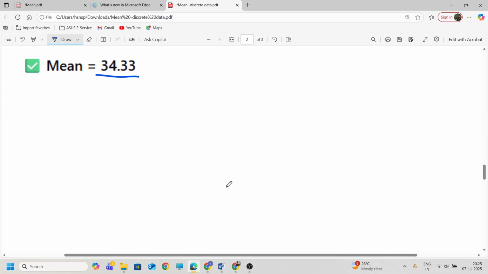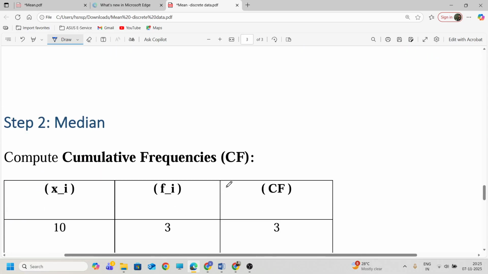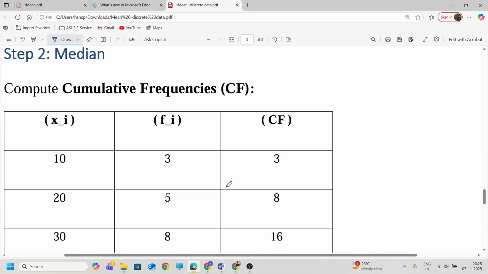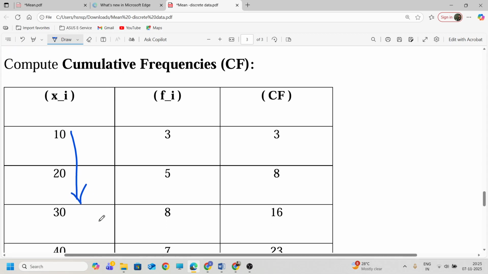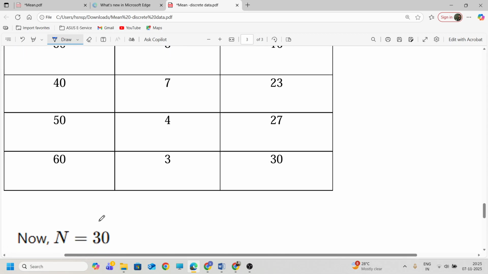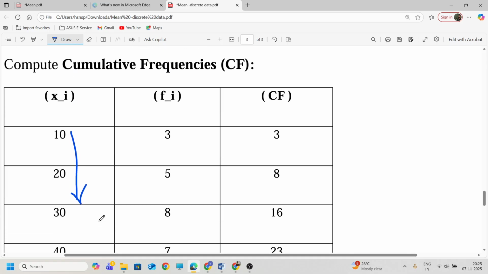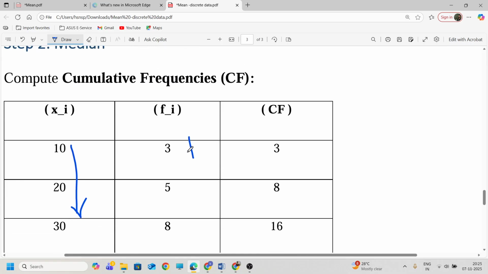Fine, next, the median value for the discrete data. To find the median value for discrete data, first of all we arrange into ascending order, minimum to maximum. All the data should be arranged from minimum to maximum with the frequencies. Okay, so this is the cumulative frequency. What is cumulative frequency?